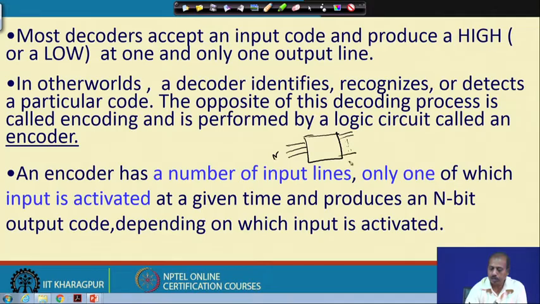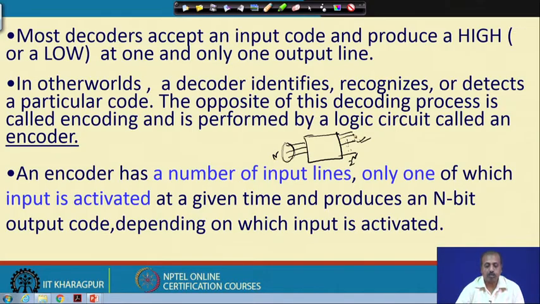Depending upon the input combination, one of the outputs is made high or active, and the others are made low. So, the decoder identifies, recognizes or detects a particular code. It can tell you which pattern you have applied.